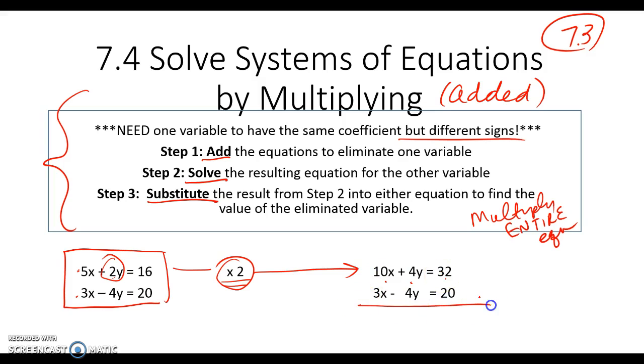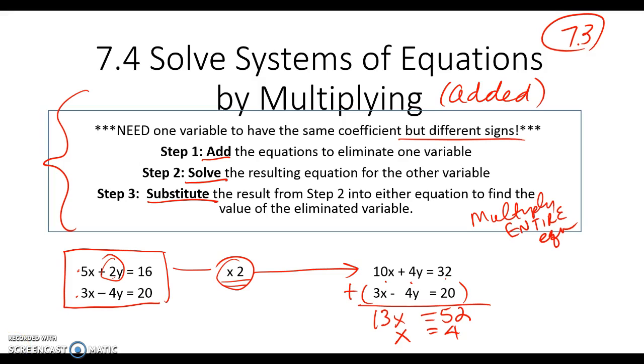Now watch. I can add these equations together and see what I get. 10x plus 3x, 13x. 4y plus a negative 4y goes to 0. 32 plus 20, 52. Then I'll solve, so x should equal 4.